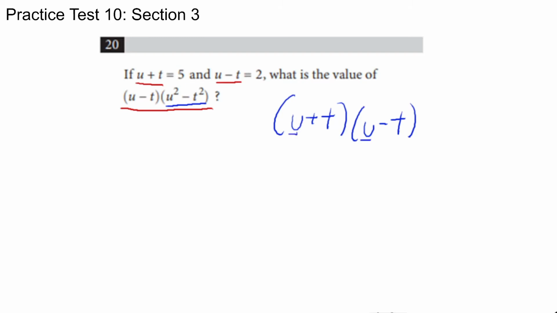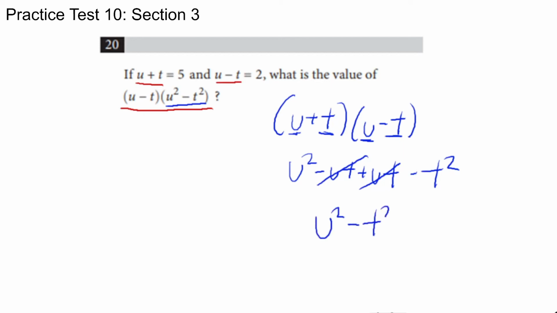I would have u times u, which is u squared, then u times negative t, so negative ut, then t times u, which would be positive ut, and then t times negative t, which would give me a negative t squared. My positive ut and my negative ut cancel each other out, and I'm left with u squared minus t squared.